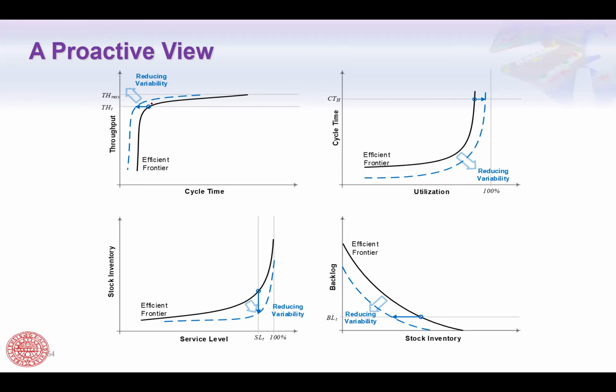This will be very interesting, because whenever we find where to reduce the variability and then optimally reduce the variability, we shift the black to the blue. So I made multiple illustrations here to let you see the benefit. From a certain point here, let's look at the inventory point. Now it's not degrading but improving, so that you can achieve the same service level but keep dropping your stock inventory.